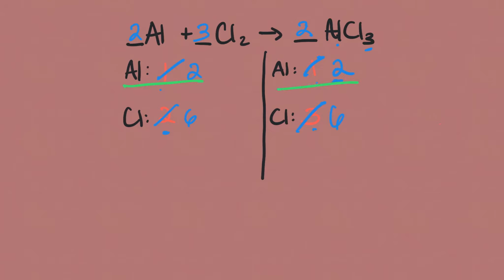Aluminum has 2, aluminum has 2 on both sides. Chlorine has 6, chlorine has 6. And you go back and just check: 2 aluminums, 6 chlorines, 2 times 3, 6 chlorines. So this is a balanced chemical equation. So when we look at this, you have 2 Al plus 3 Cl2 yield 2 AlCl3.